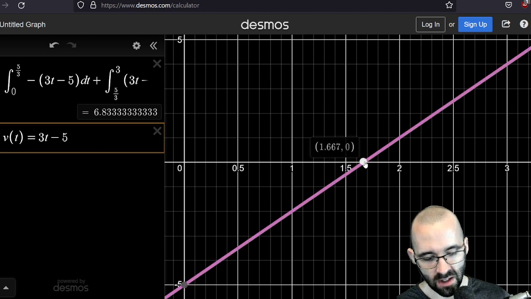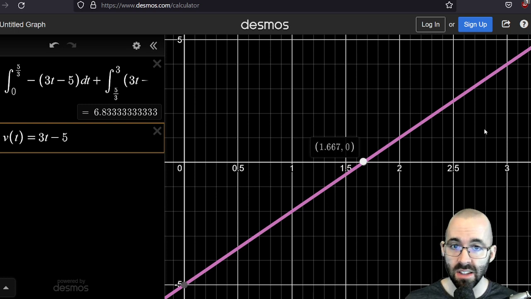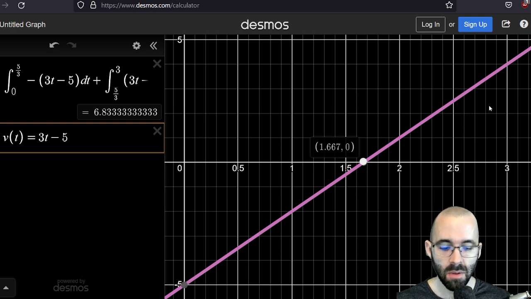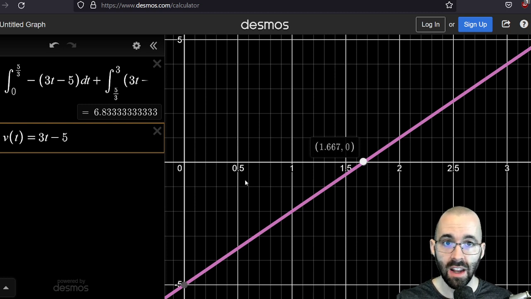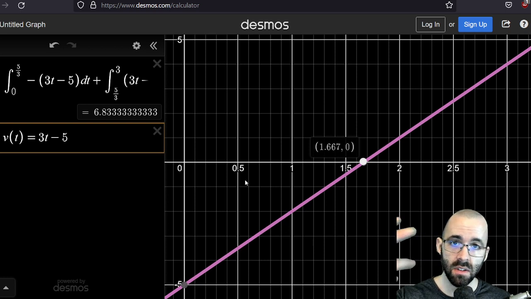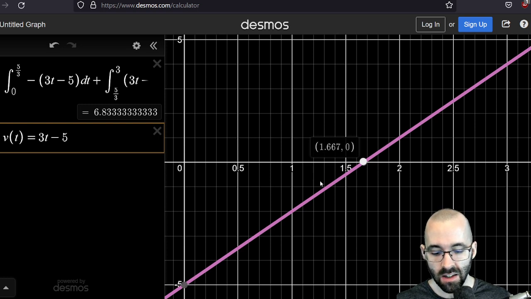Of course, we have this negative area and this positive area. So the displacement is just the positive area minus the negative area. The negative area is bigger here. That's why we had negative 1.5 as our displacement. Now, distance traveled is just the sum of the areas. So treat this area as positive, treat this area as positive, and add it together.